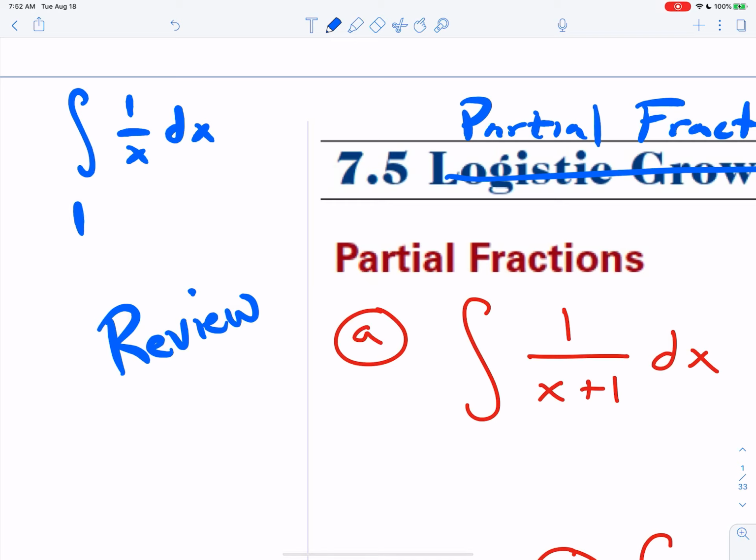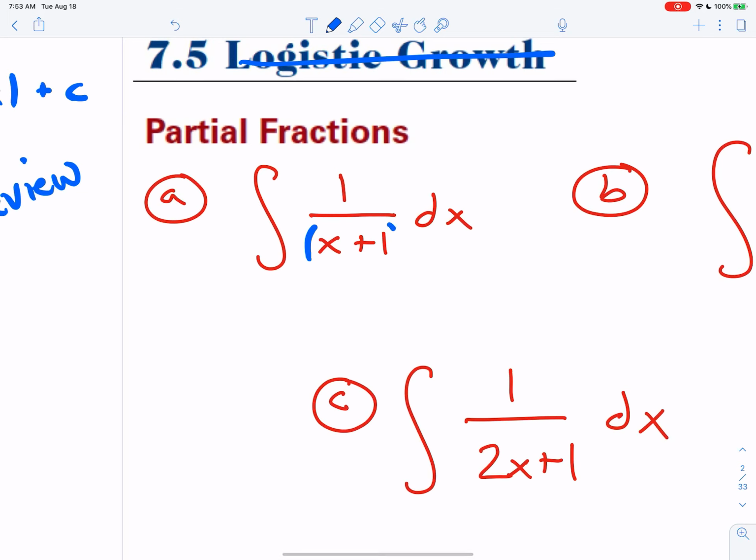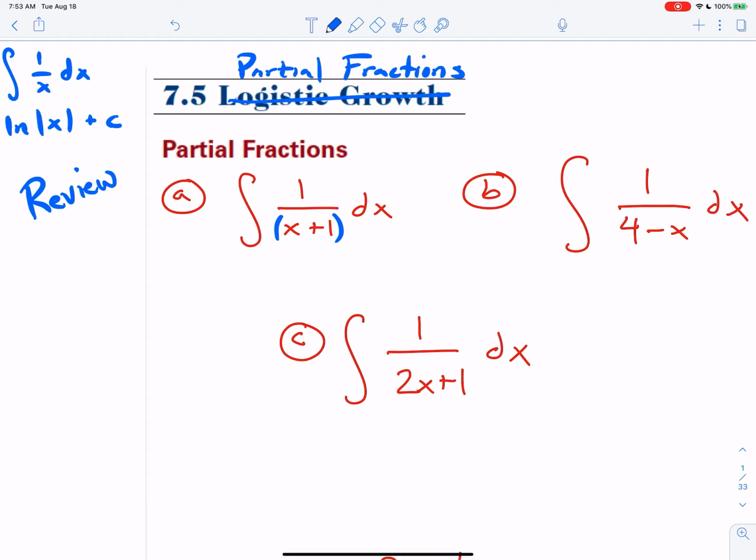That is just the natural log of whatever you have at the bottom, x, plus c. Now here, there's actually a function x plus 1 inside of that 1 over x function here. But if you guys remember mental U-substitution, you just take, well, I know it's 1 over x, so that's going to be natural log of whatever's at the bottom.